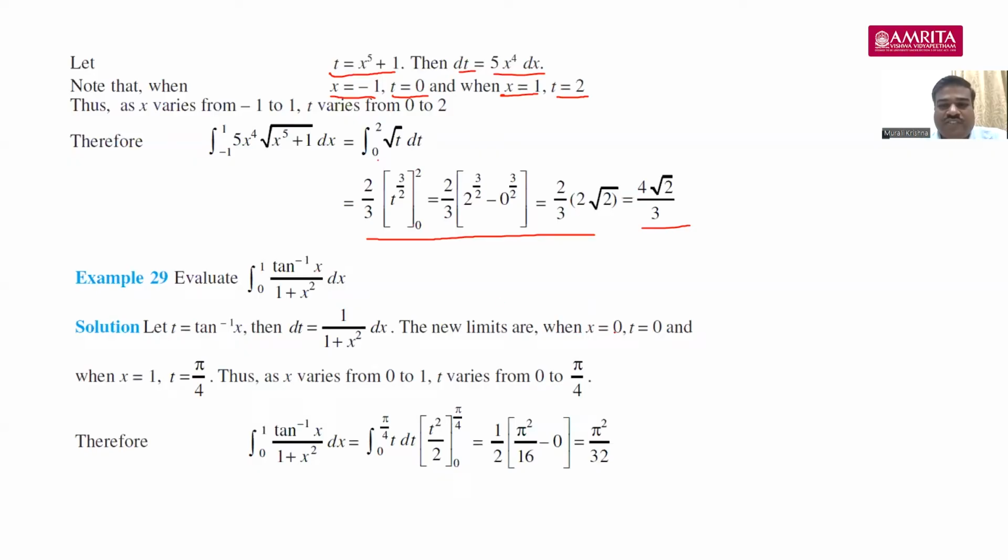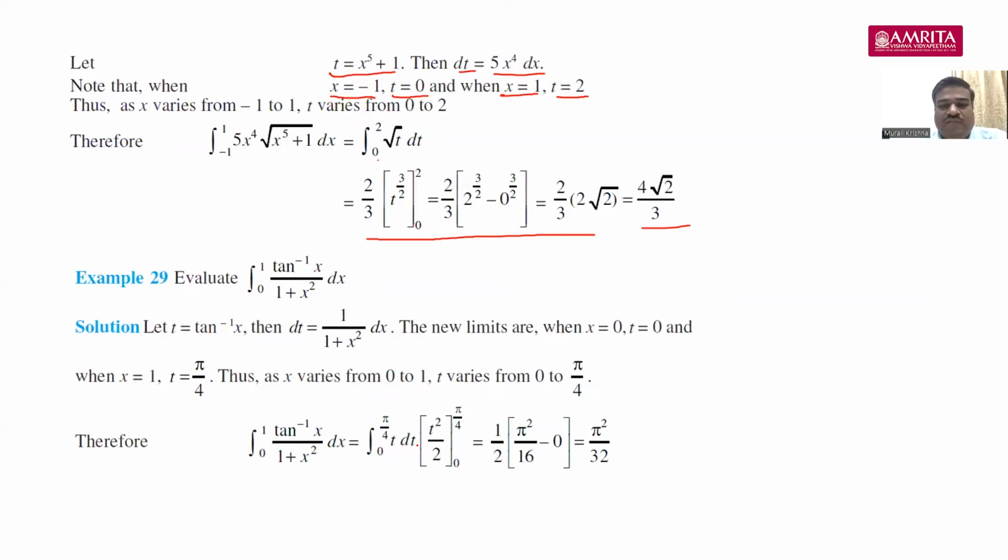So when x is 0, t is 0. And x is 1, the upper limit is 1. So what is t? tan inverse 1, which is pi by 4. So as x varies from 0 to 1, t varies from 0 to pi by 4. So the original problem converts to integral 0 to pi by 4 t dt.